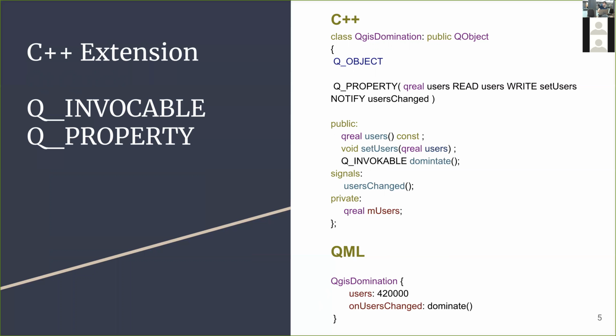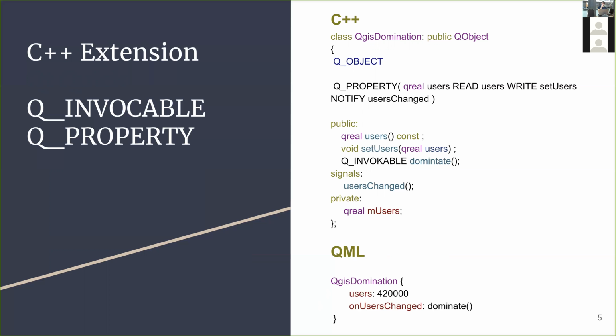And at the bottom of the code, you can see how it can be ported to QML. So basically, if you have your elements, you can port this class in this way. But before that, you have to register that class in your project.